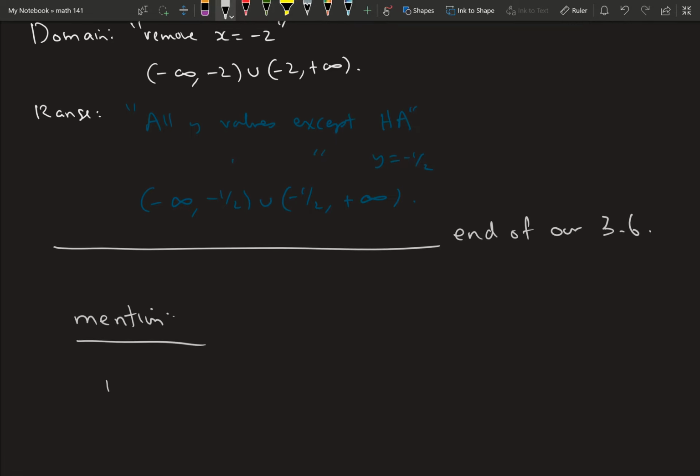So one thing is, in general, a graph can cross the horizontal asymptote.